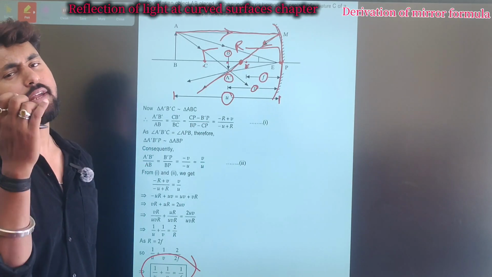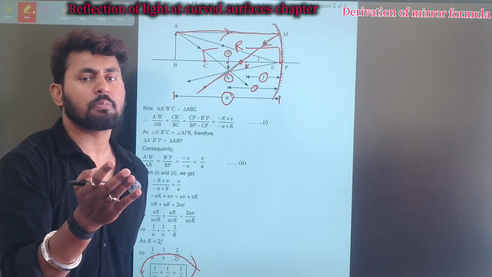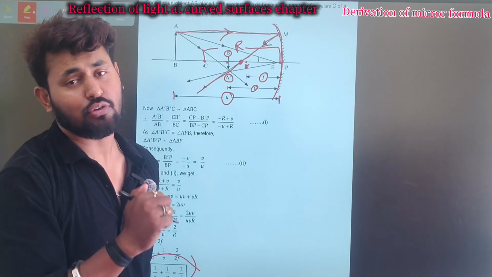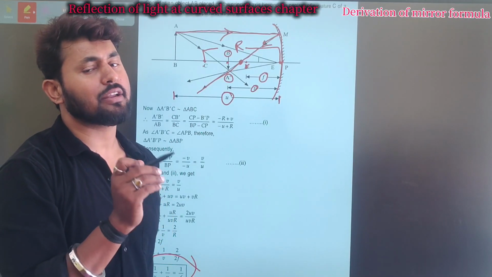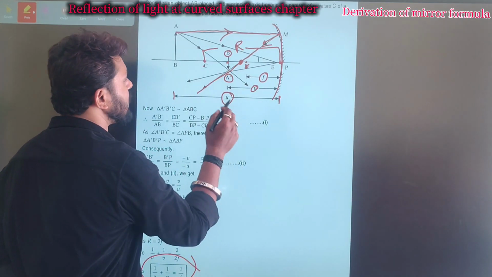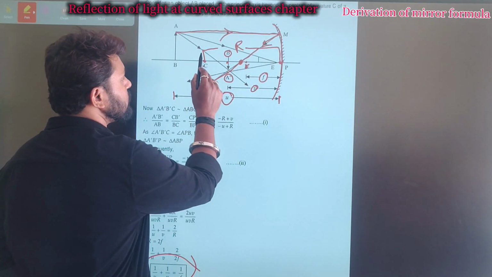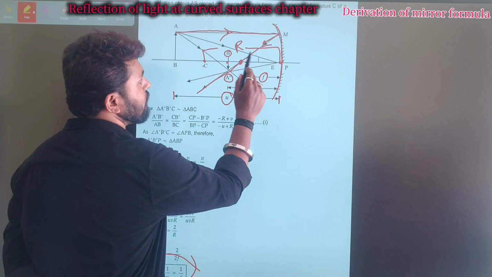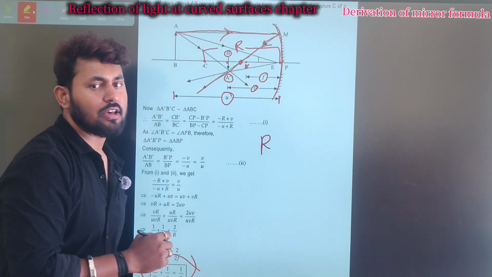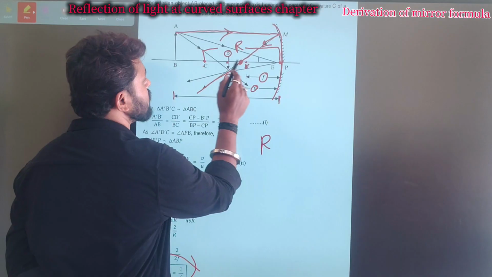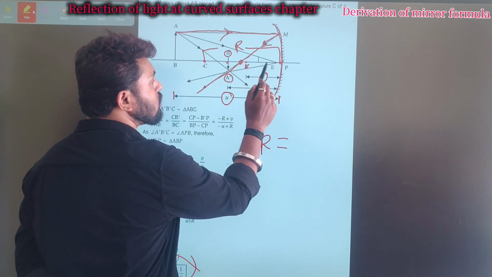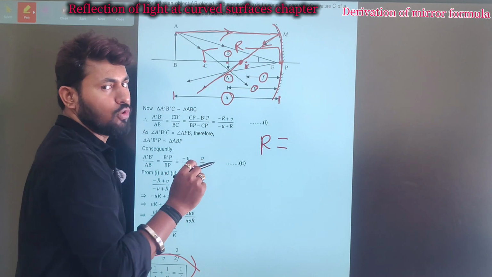Now, can anyone comment in the comment box what is the relation between focal length and radius of curvature? If you check over here, the distance from C to the pole we call R. The distance from pole to focus is f, that is the focal length.